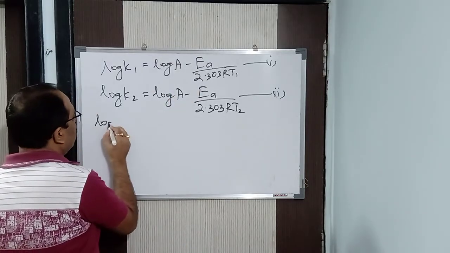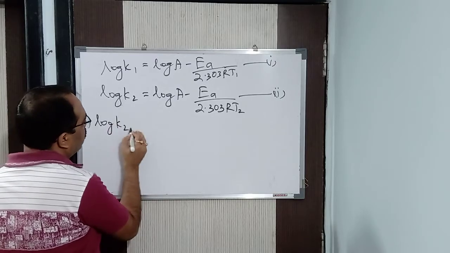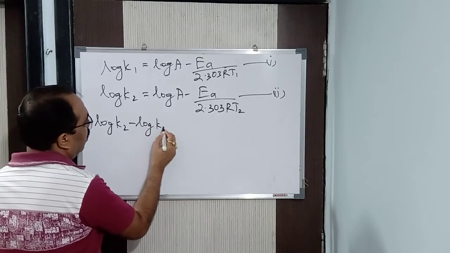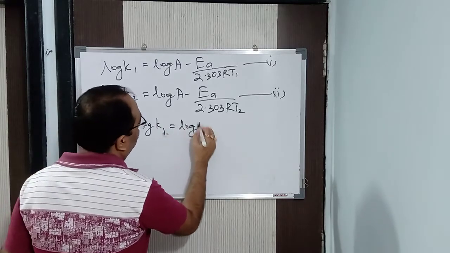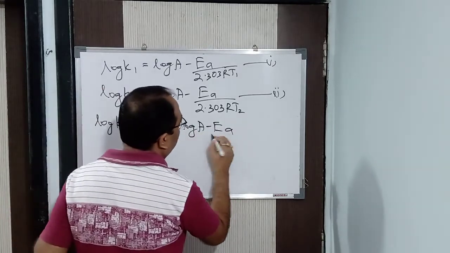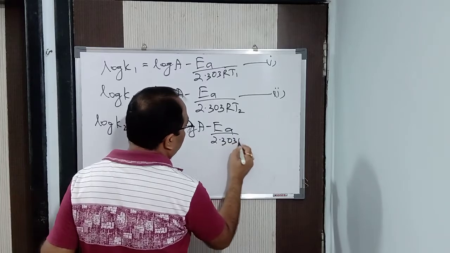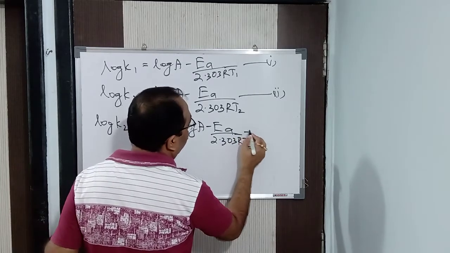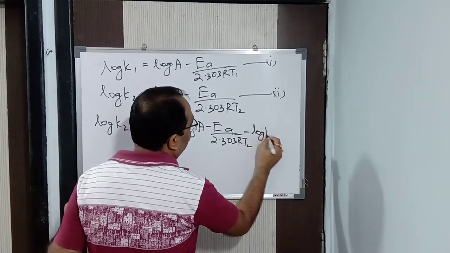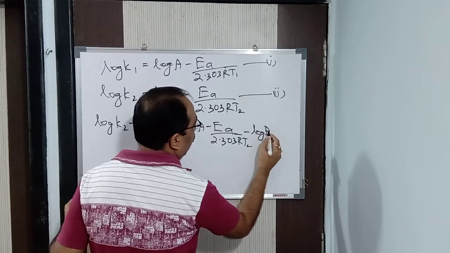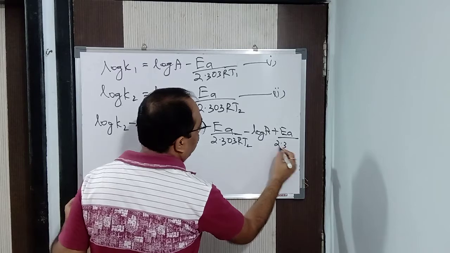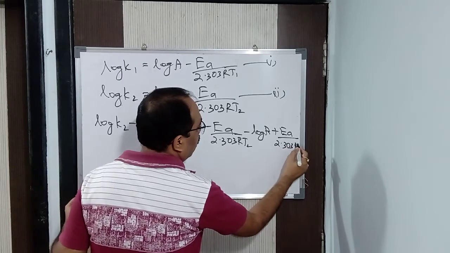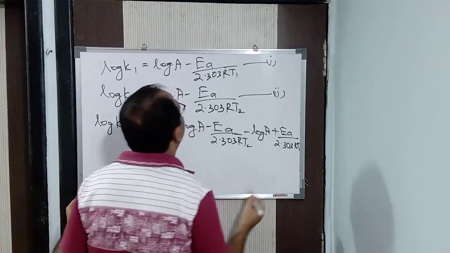Equation 2 minus equation 1: log K2 minus log K1 is equal to log A minus Ea by 2.303 RT2 minus log A, and minus of minus becomes plus, you will open the bracket, you will get Ea by 2.303 RT1.